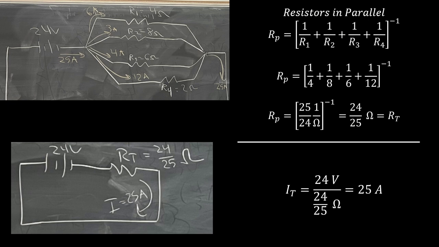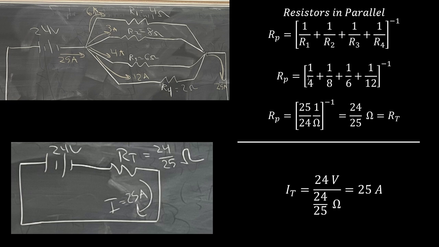When it comes to paths that are in parallel, as long as each parallel path only has a single resistor, then we can use this formula, where the equivalent parallel resistance of simplifying all those parallel paths into a single path resistor is just the sum of all the reciprocal resistances and then all raised to -1.